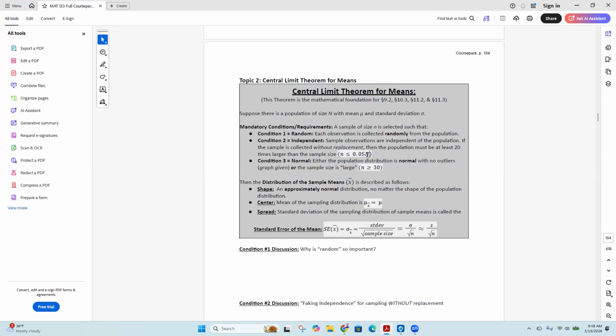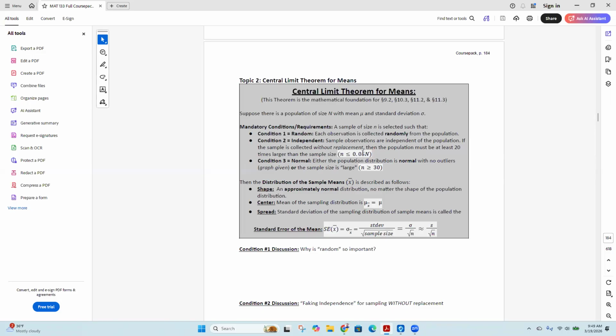Population is capital N. And as long as this inequality is true, then you're fine. Most of the time, making sure your sample size is not too big is very easy to do, and checking it with the math is probably going to be pretty easy as well.